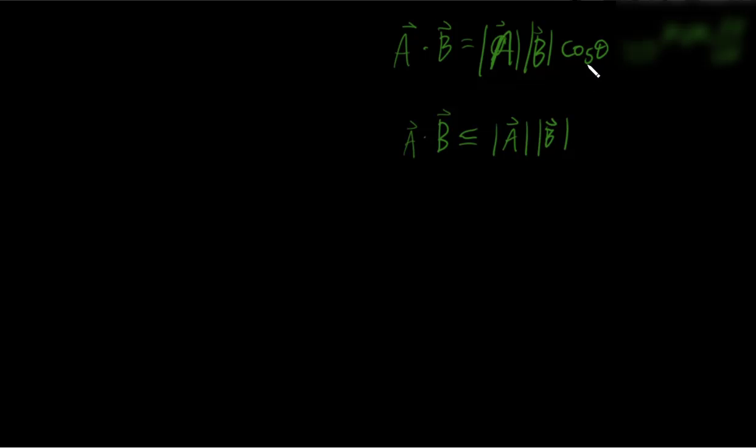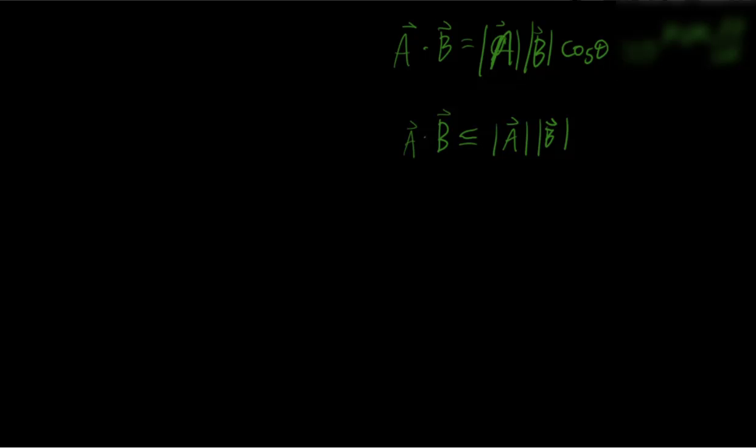You know, the absolute highest this A dot B can be is A times B. Otherwise, A dot B is going to be less than A times B if the cosine of theta is not equal to 1.